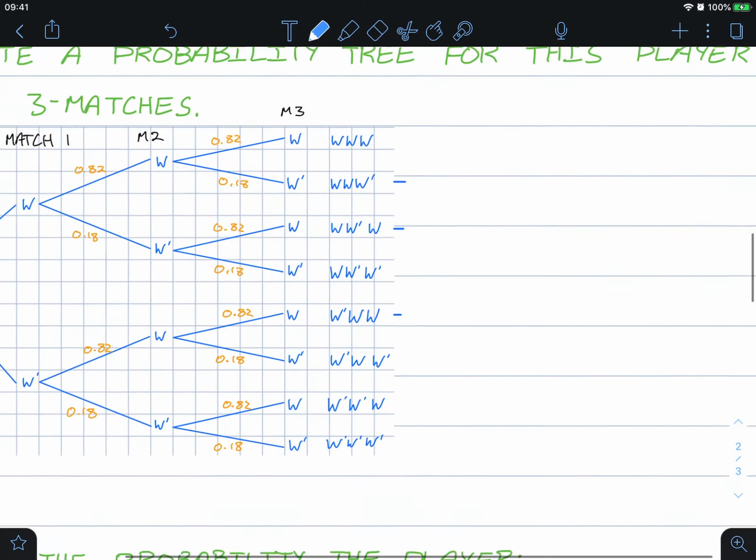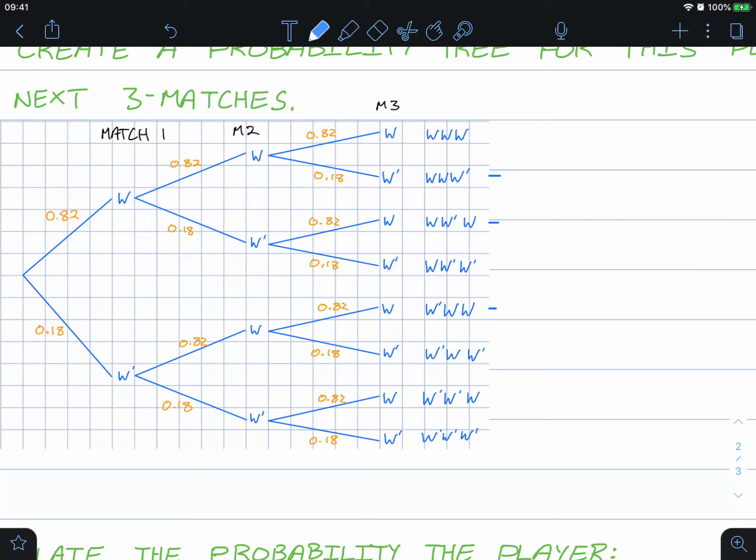So to get to this result, that's a win-win-loss. So that's 0.82 squared times 0.18. That's 0.82 times 0.82 times 0.18, getting us this result. Following this path now, that's 2 wins, so that's 0.18, there's the win. There's the 1 loss, 0.18, times 0.82.